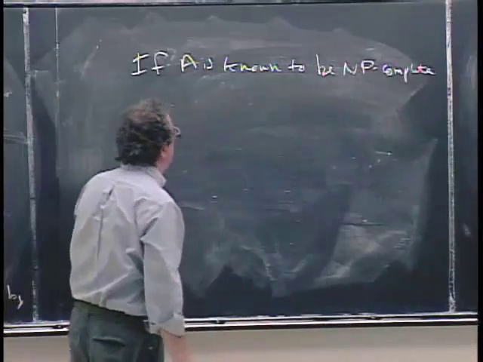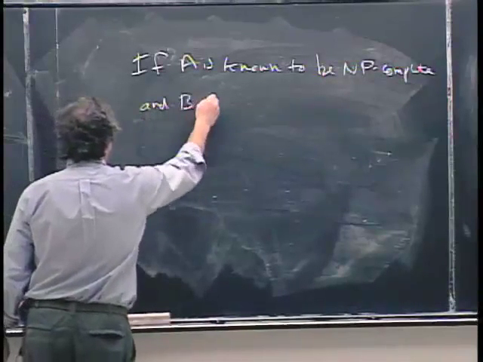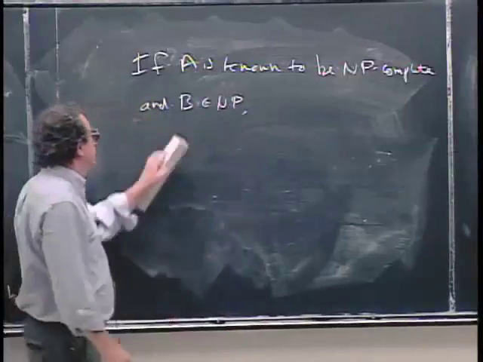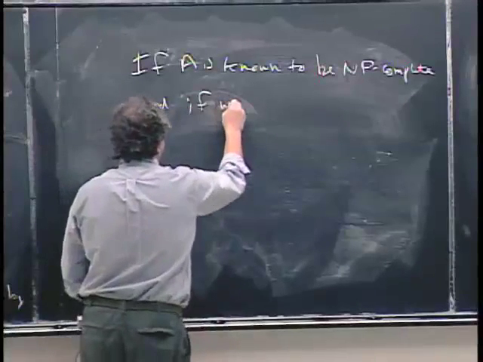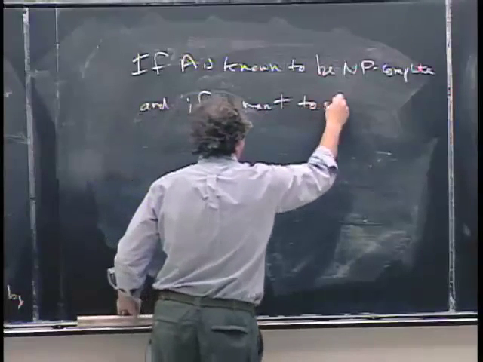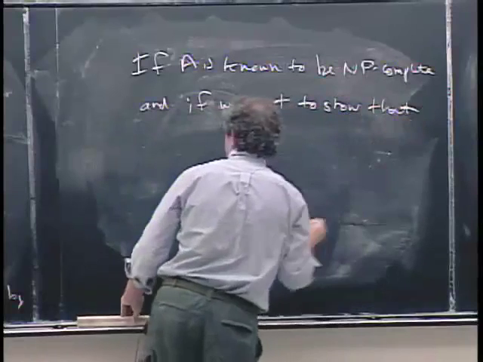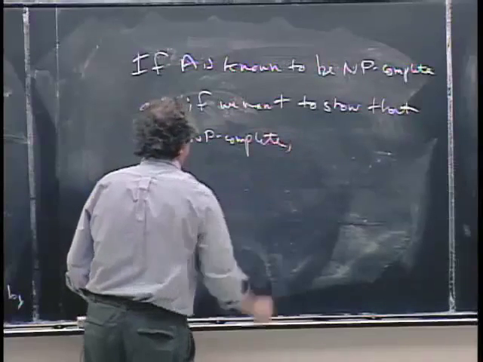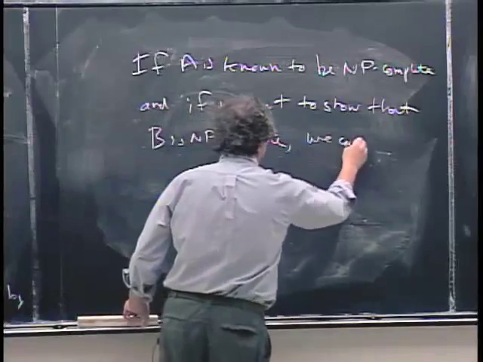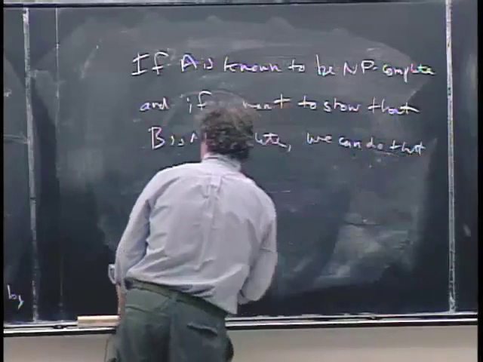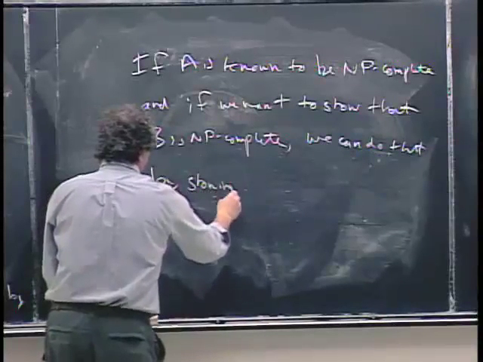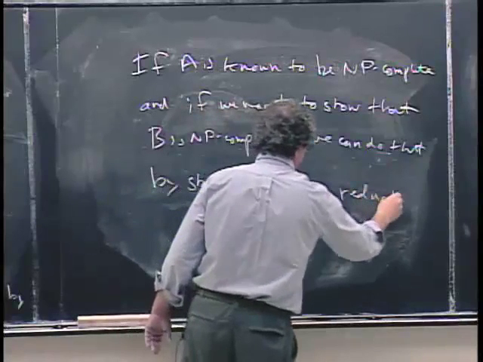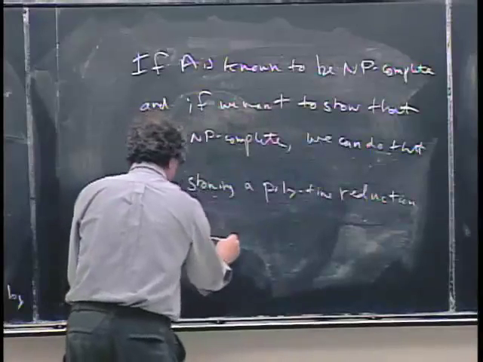If A is known to be NP-complete and B is contained in NP, if we want to show that B is NP-complete, we can do that by showing a polytime reduction of A to B.